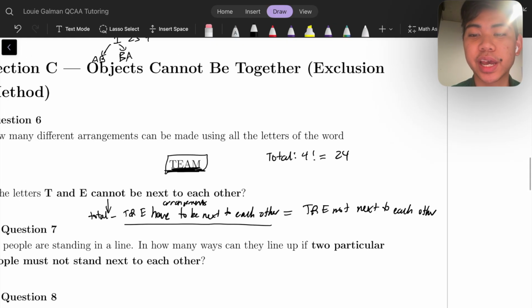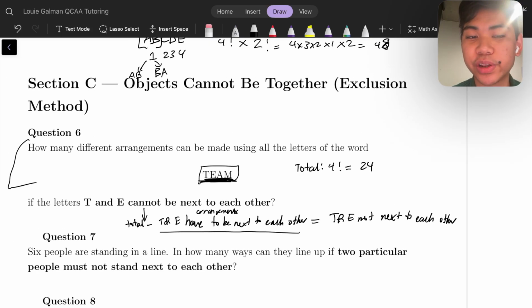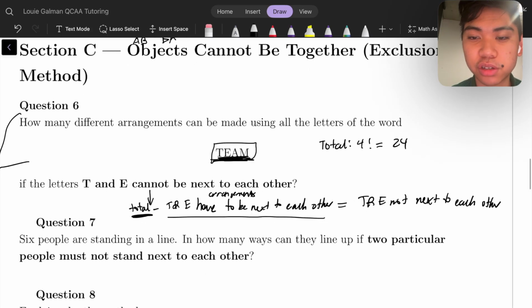Okay, we basically get a formula where we get the number of different arrangements where T and E are not next to each other, because we did the total arrangements minus the arrangements where T and E have to be next to each other, which is the opposite. Okay, so that's a good trick there to use.